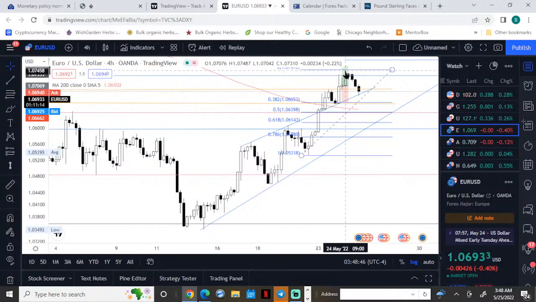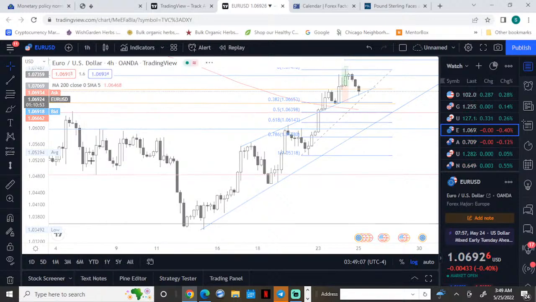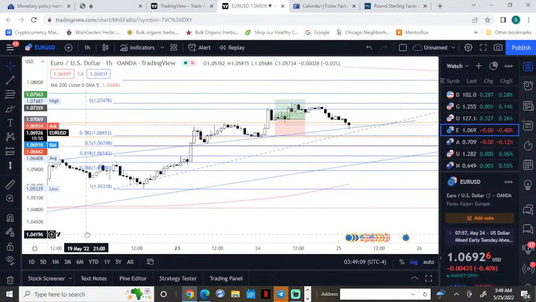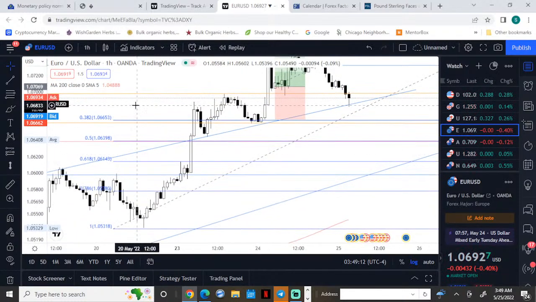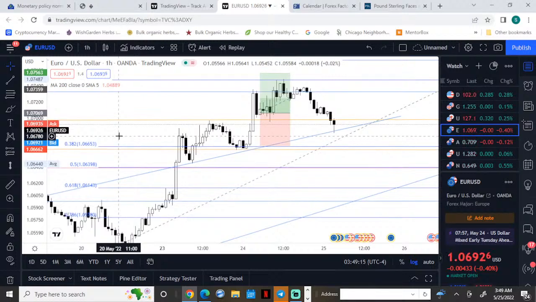In order for this to be a break of structure, price will have to surpass this higher low right here and retest it and continue lower. So right now it is still upholding this uptrend, which is exactly what I wanted because I want the dollar to come down some more. It's 3:49. We got 10 minutes left on this candle. This is looking like a nice rejection.